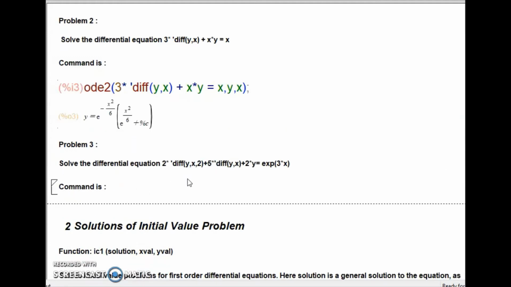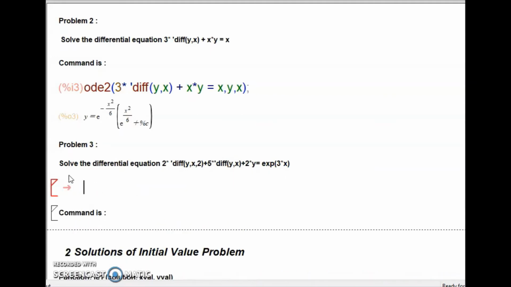Third problem, you may observe we have a diff operator with a 2 over here. That means this is a d square y by dx square term, and this is dy by dx, and this is e raised to 3x. Now I am going to show you exactly how this equation looks.